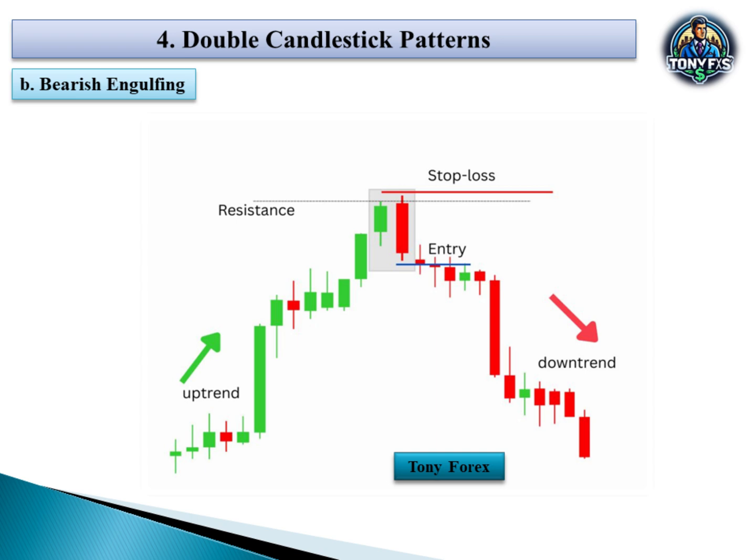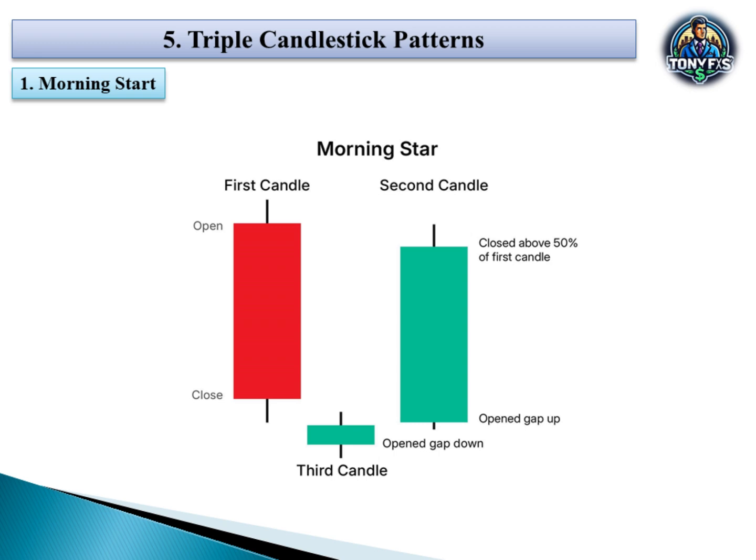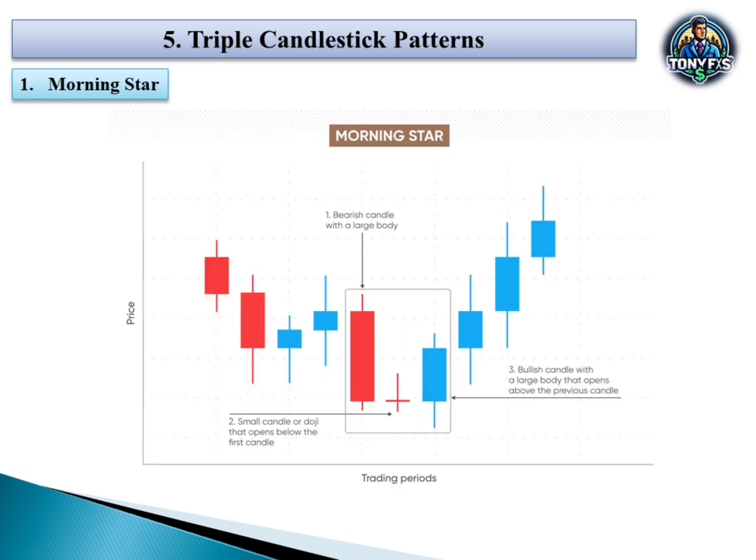Now let me talk about another candle, the morning star pattern. This is a 3-candle bullish reversal pattern. It usually forms after a downtrend. Remember this.